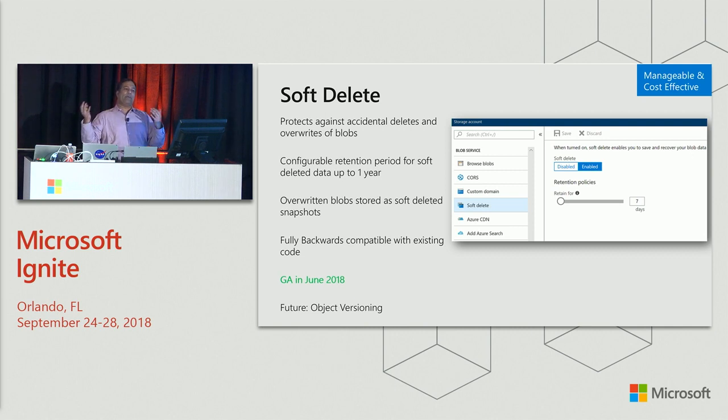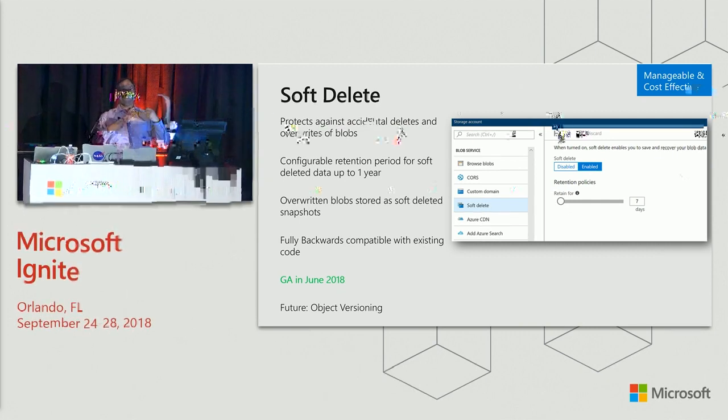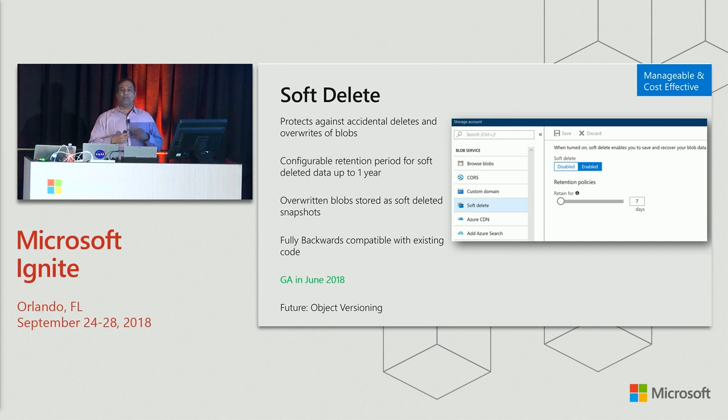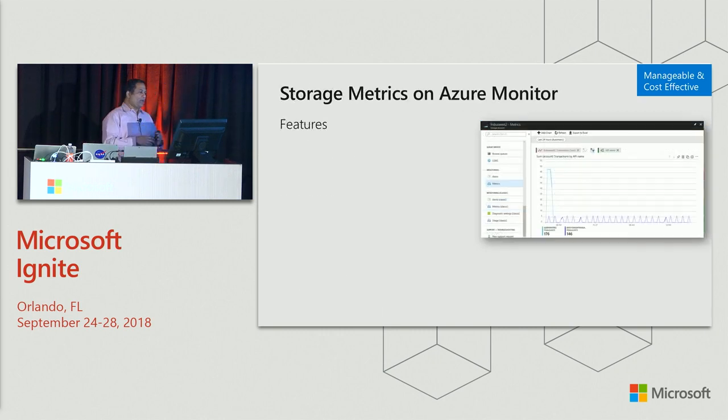In order to use those version IDs, of course, you have to change your code, which is why we're sequencing it this way. It is an opt-in feature, and versioning is something you have to adopt in your code. So soft delete is live now and something you can go check out, and if that's something you're worried about, we recommend you enable it.